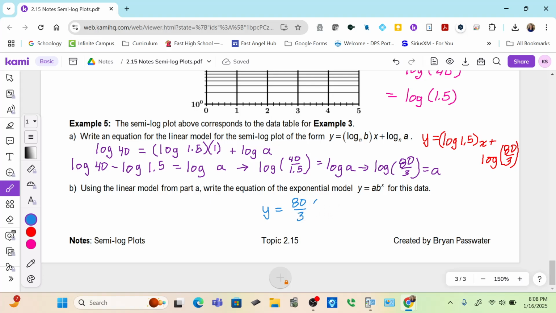And the b value is our slope, or the value that's within our slope, and that's 1.5 to the power of x. And that's our equation in the exponential model. We can go back and forth between these two models as long as we know what a and b are. And this concludes the video for topic 2.15.